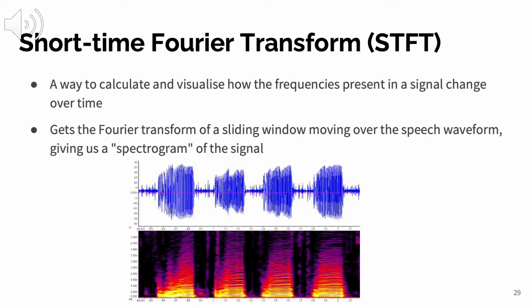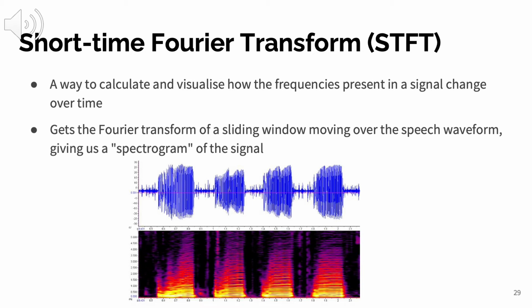What we do with audio, though, is because we don't have a consistent wave like we might in other kinds of signal processing, we're actually interested in the frequency characteristics as they're changing over time. So we use the short-time Fourier transform, which is basically a sliding window across the speech waveform.